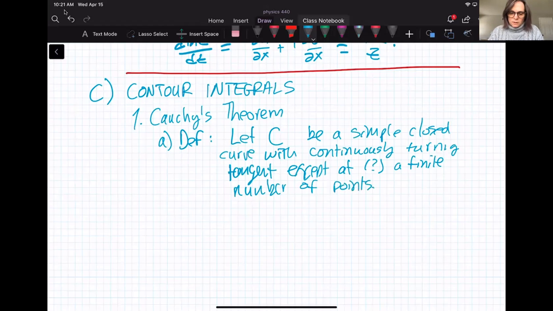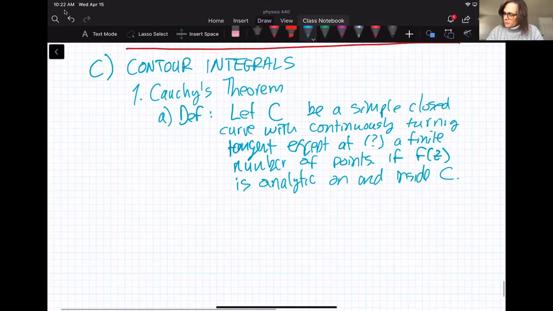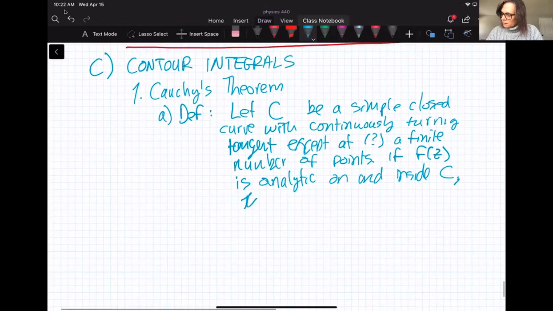I'll get to what this means in a minute. If our function in complex space f of z is analytic on and inside C, then, and this is where it's really important, the contour integral, that is the integral around that contour of f of z dz, is equal to 0.